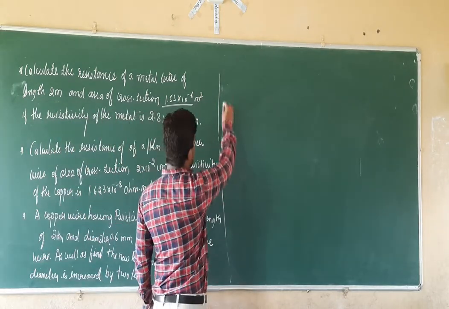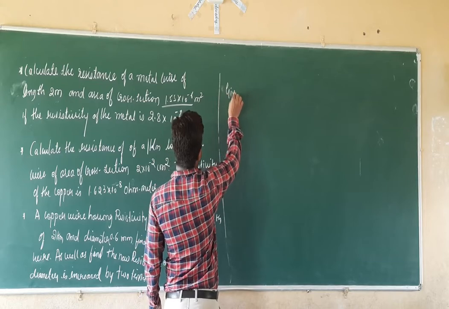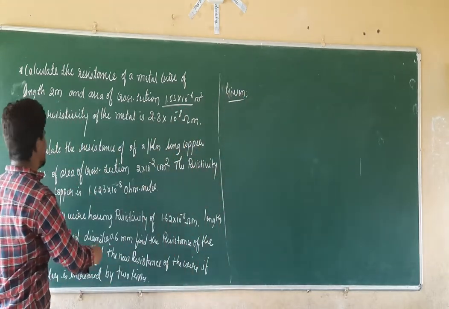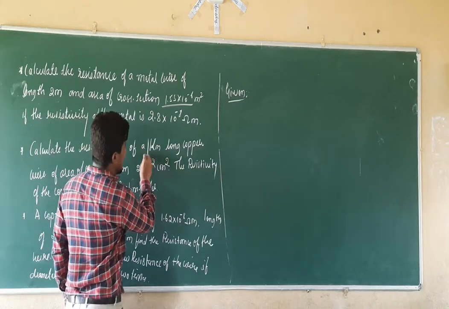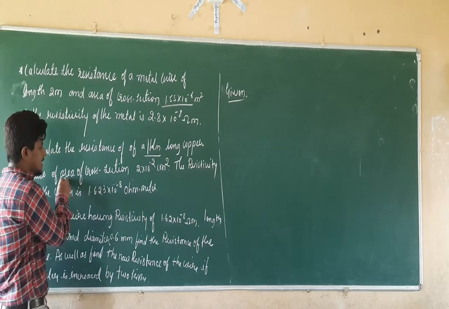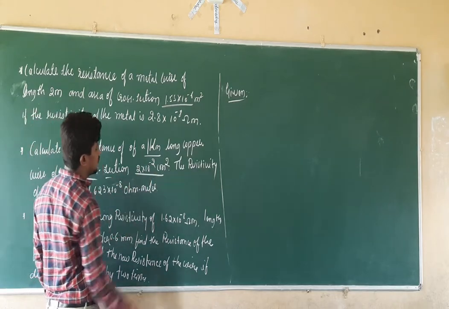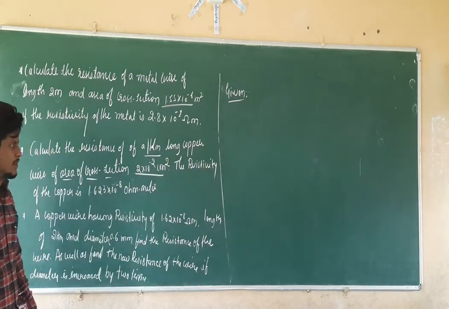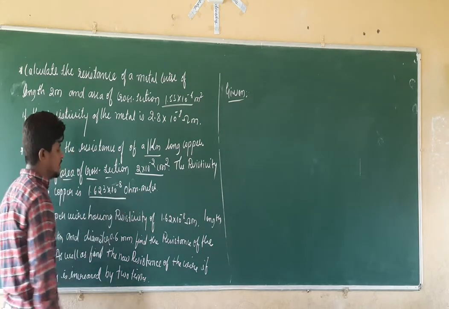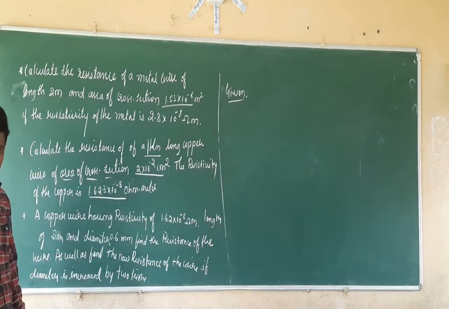So first we have to write the given data. They are given the length of the conductor as 1 kilometer, as well as the area of cross section 2 into 10 raised to minus 2 centimeter square, as well as the resistivity of the copper wire, which is given as 1.623 into 10 raised to minus 8 ohm meters.